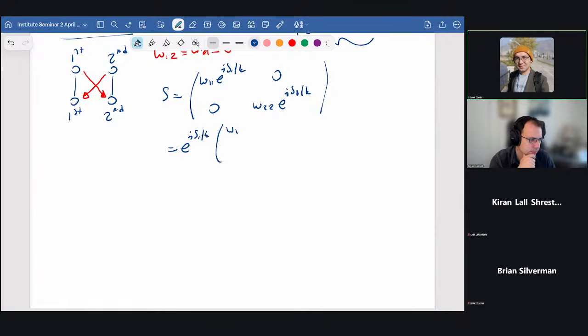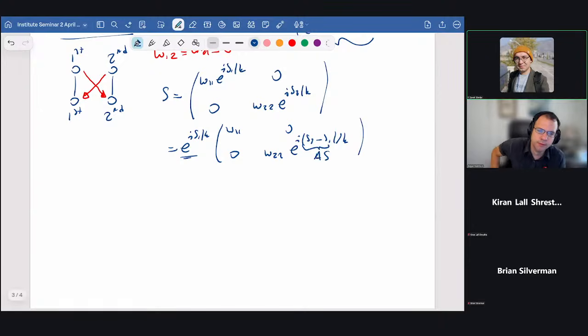And what we have will be S2 minus S1 divided by K, and is just zero. That global phase has no physical significance. What matters is just this delta S.